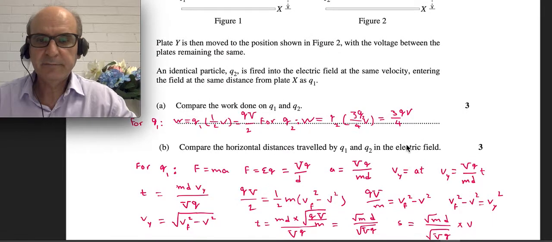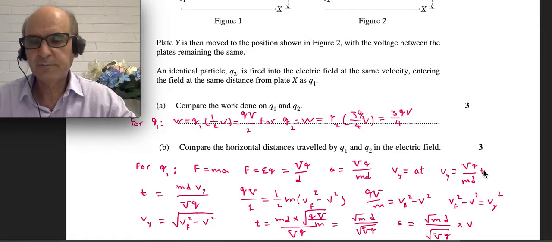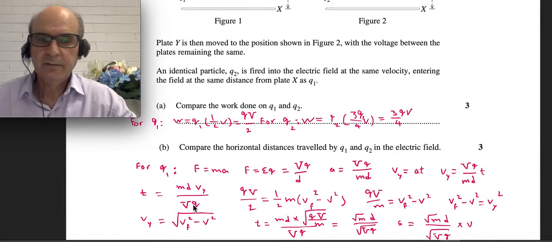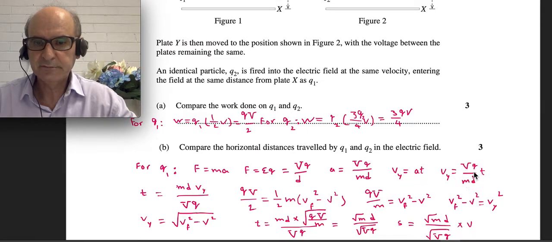And then the acceleration that we found here, we substitute for this here. So we get capital V times Q divided by md, times t. Then putting vy equal to at and vy is equal to this.